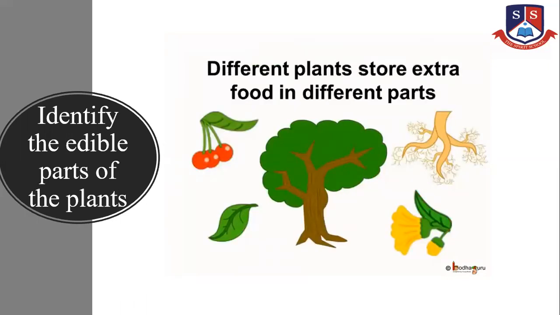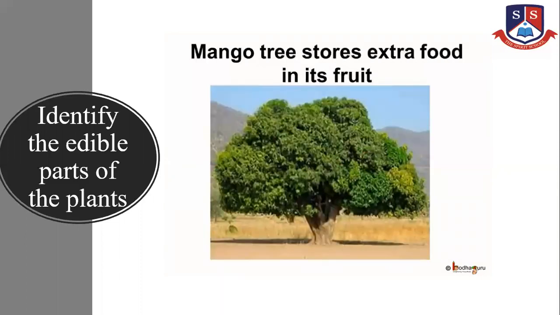Different plants store the extra food in different parts of them. Some plants store the extra food in the fruit, like in the mango tree. The extra food prepared by the tree is stored in its mango fruit, and we all love to eat mangoes.